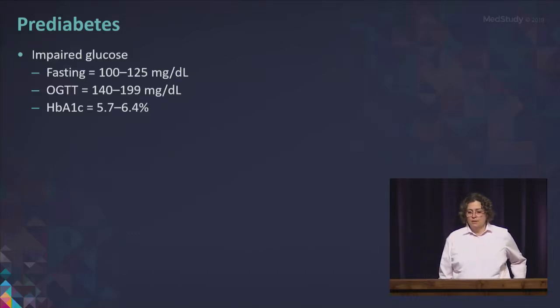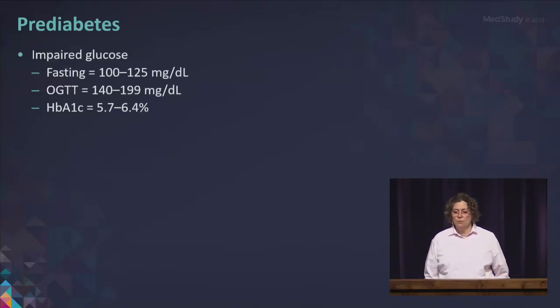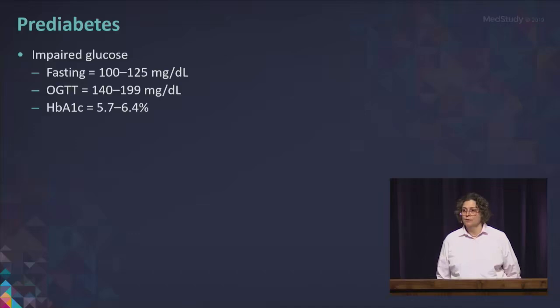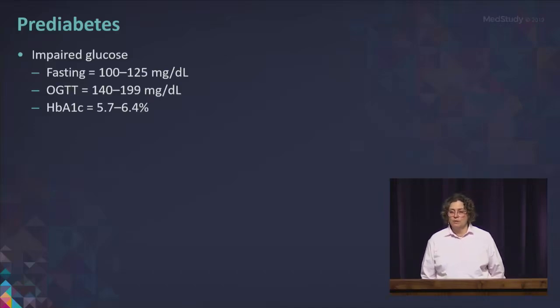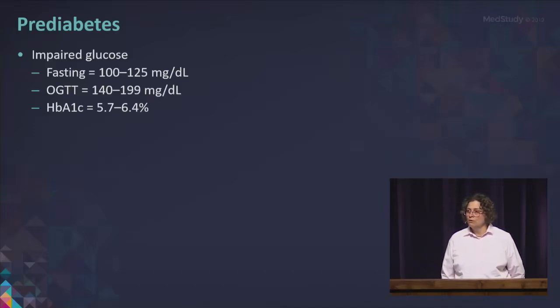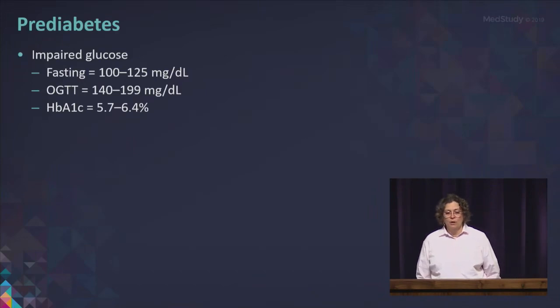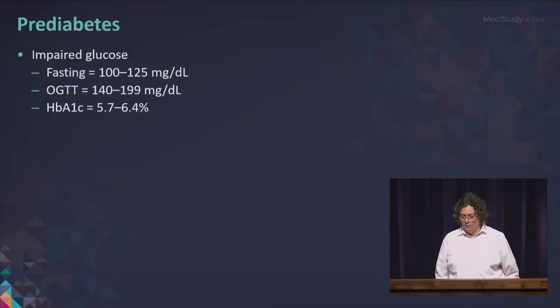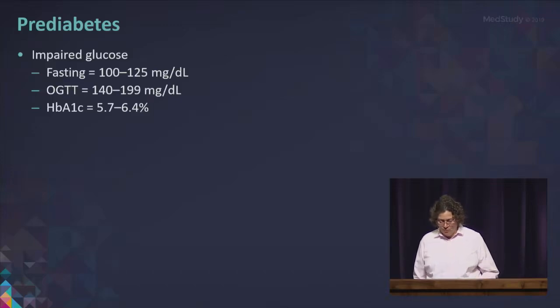So prediabetes or impaired fasting glucose is when your fasting sugars are between 100 and 125. On your oral glucose tolerance test, your 2-hour is between 140 and 199, or your A1C is between 5.7 and 6.4.